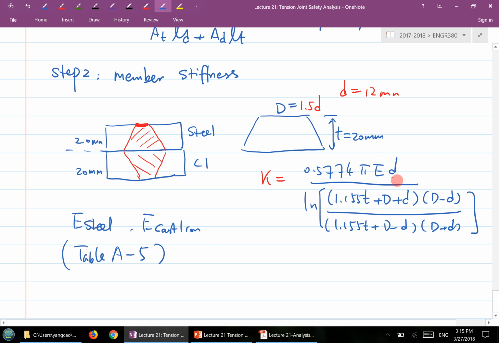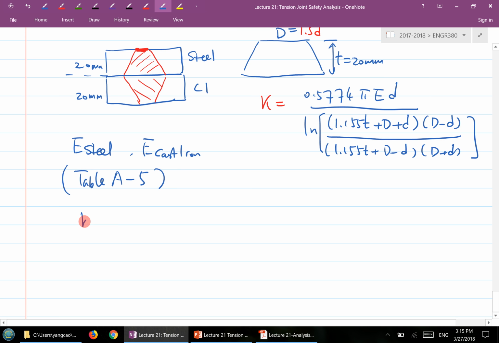So find the E for the steel, and the cast iron here has the same shape, so you have the same formula except the E. You'll find that the steel part is 4,470 meganewton per meter. The cast iron part has 2,160 meganewton per meter.